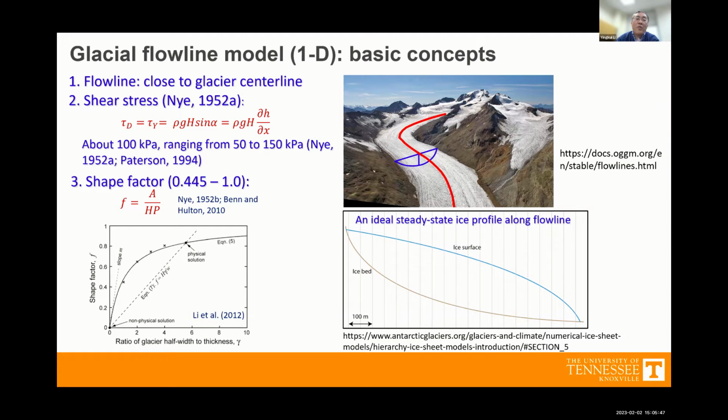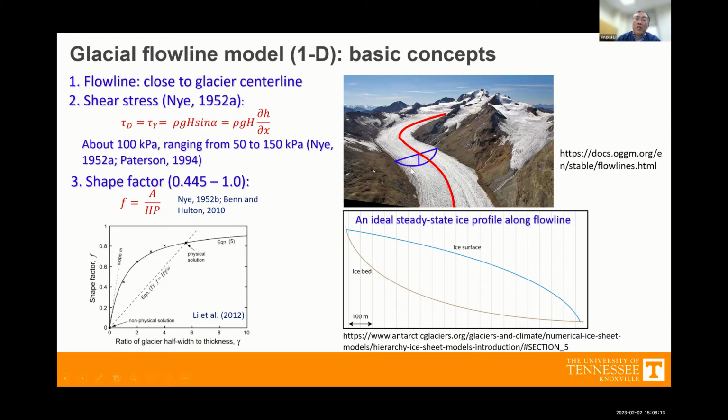In this situation, we have this shear stress function, which can be described by this simple function here. The shear stress of glaciers is roughly about 100 kPa, but it ranges from 50 to 150, and some studies also indicate maybe up to 190 or even 200.